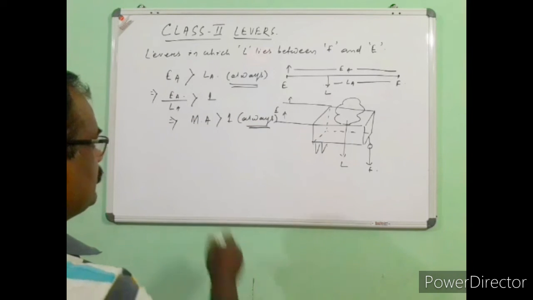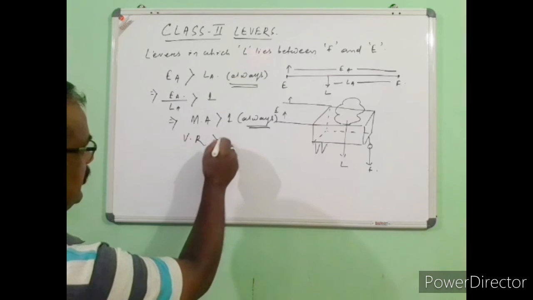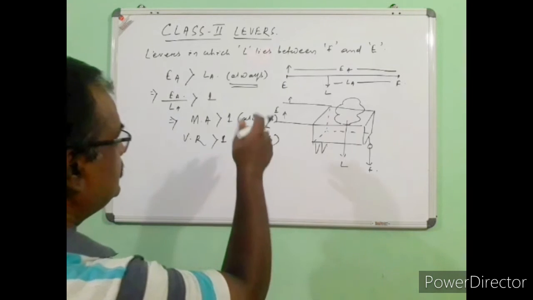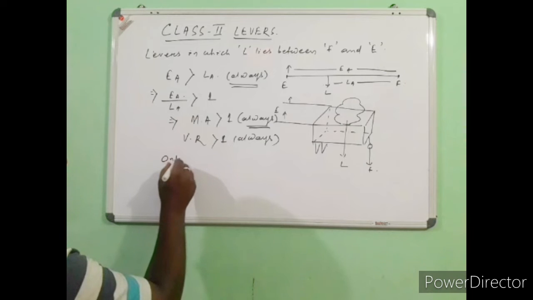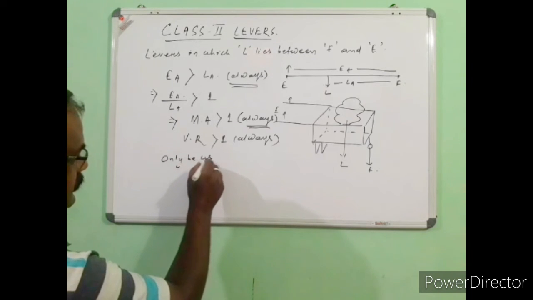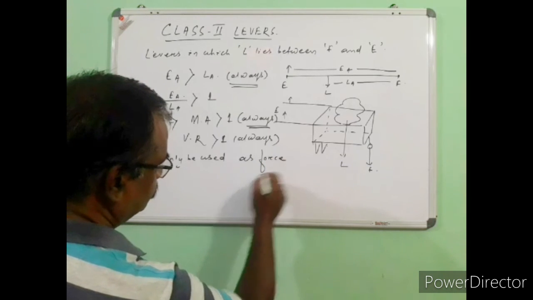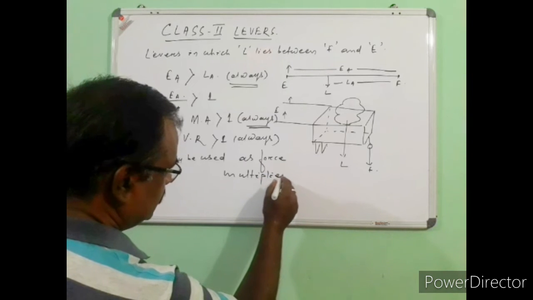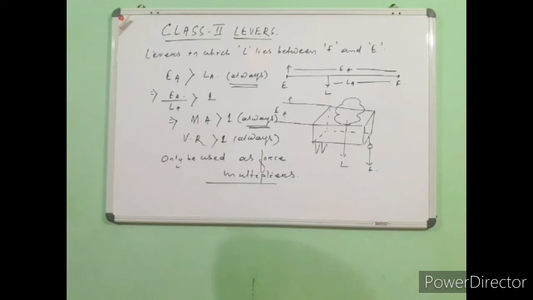Now similarly in this case also we can say that the velocity ratio is greater than 1 always. So therefore, these type of levers can only be used as force multiplier. So class 2 levers are always used only for that force multiplier. It cannot be used for any other purposes. Remember.